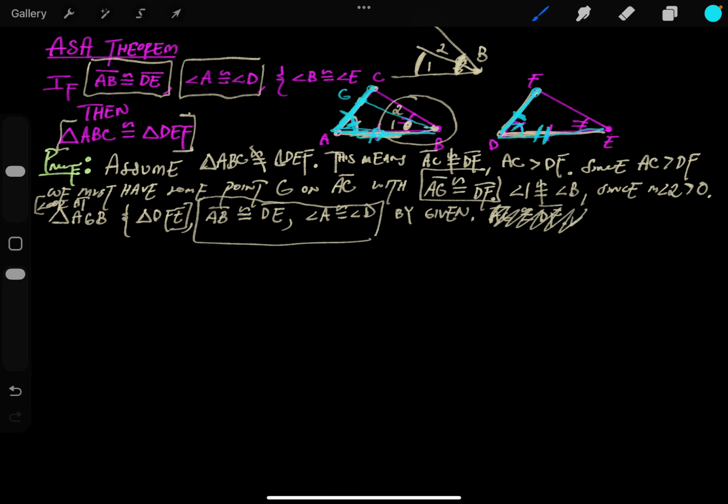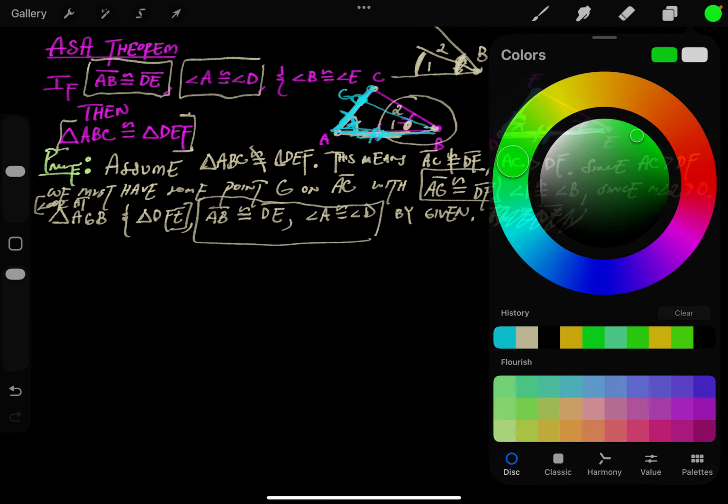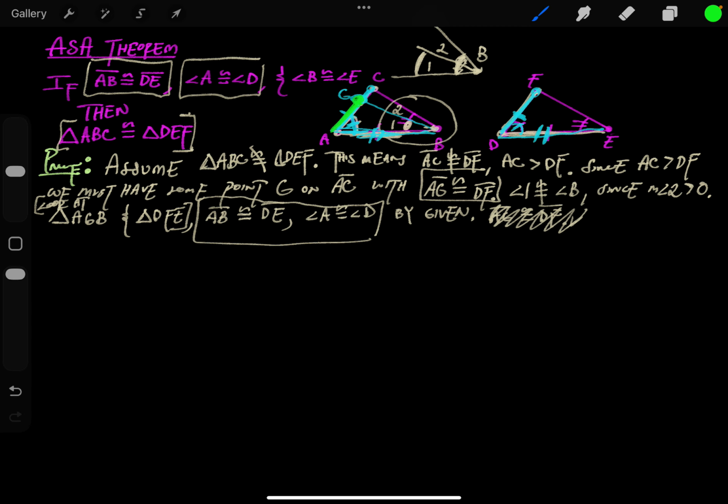Sorry, I drew that wrong: not the whole thing, just AG, not AC. AG is the same as DF based upon my assumption. So I have that these two triangles are congruent by side angle side.